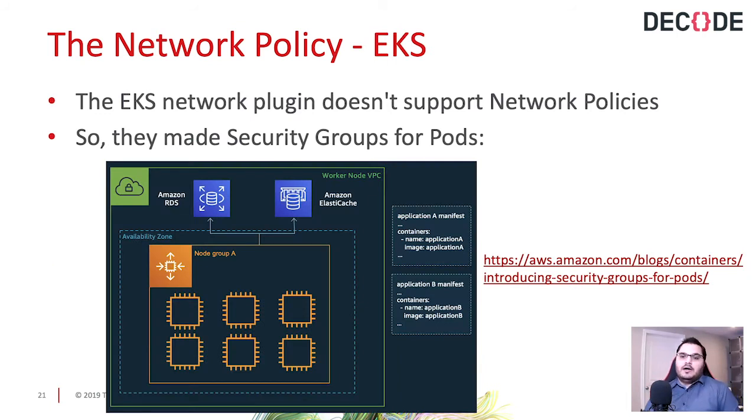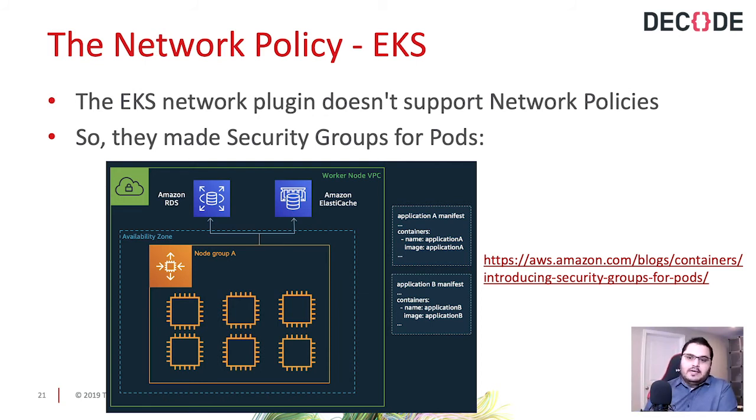So on AWS, for EKS, their managed service for Kubernetes, they have a network plugin that doesn't support network policies. So that's one other thing that you need to worry about. If the network plugin, the CNI that you're using, like Calico, Weave, Flannel, or other CNIs, doesn't support network policies, then even if you create an object, it's not going to work.